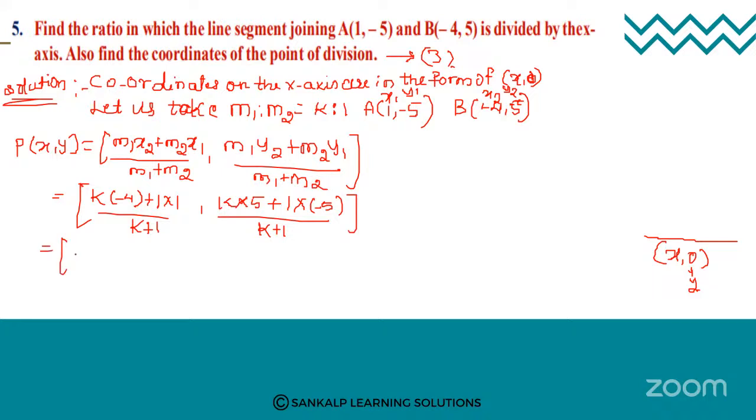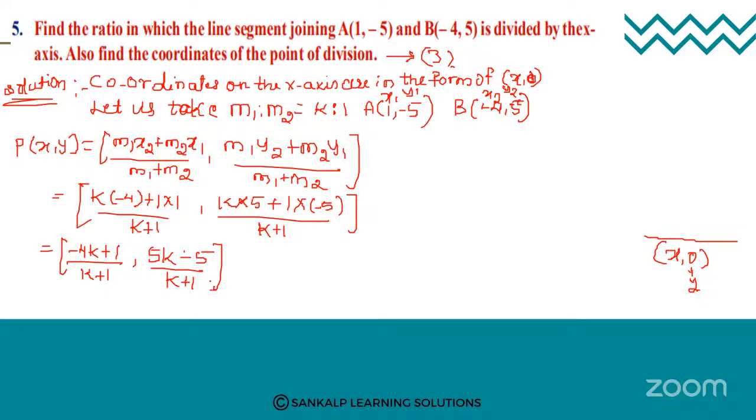So this is minus 4k plus 1 divided by k plus 1, and 5k minus 5 divided by k plus 1.